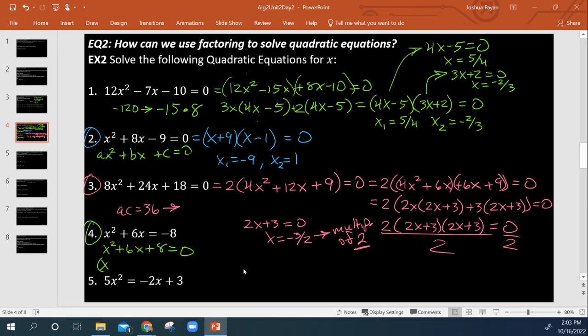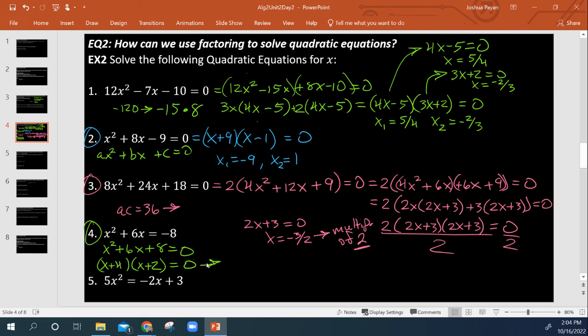Then I can just fill in the blanks: x plus or minus something times x plus or minus something else equals 0. And remember, I can fill in the blanks because my a term is 1. I couldn't do that here because I had an actual a term, nor could I have done that here. Just want to reiterate that. So all we're going to do here is end up with plus 4 and plus 2. 4 times 2 is 8. 4 plus 2 is 6.